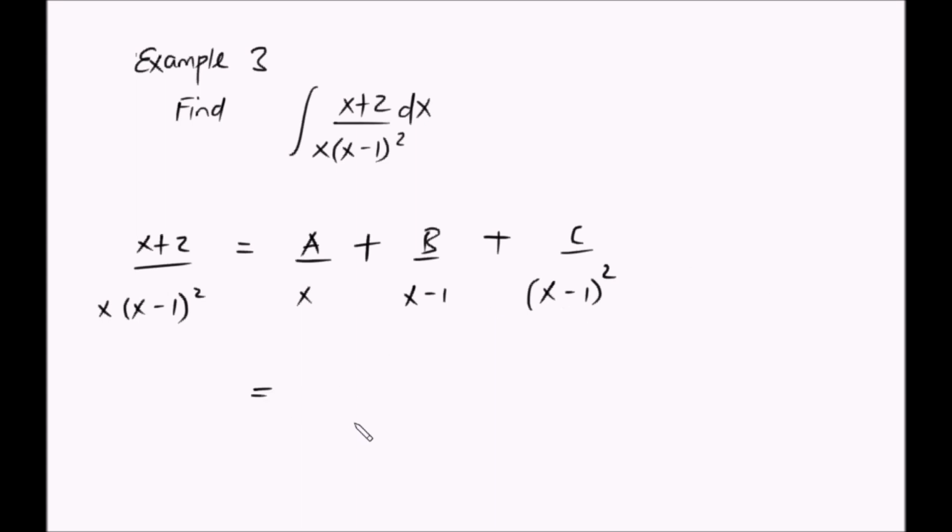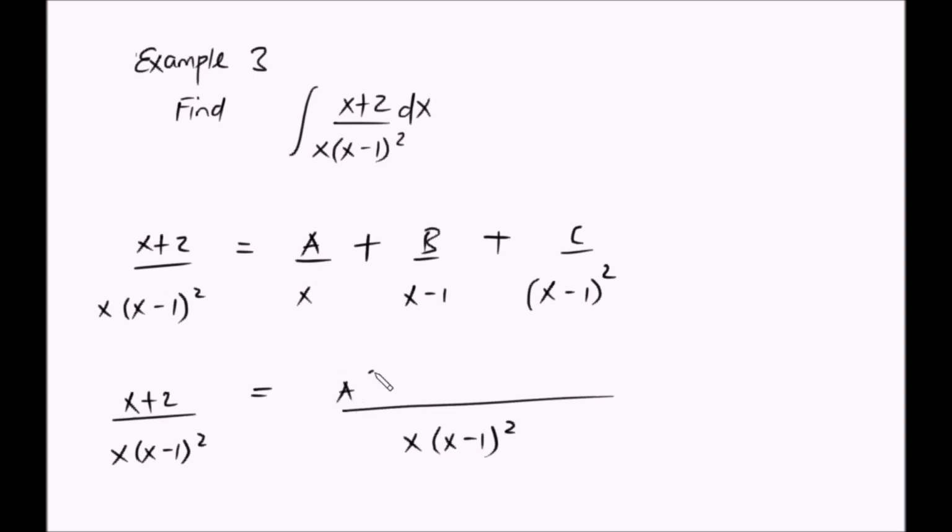On this side it will be x minus 1 squared as the LCM, similar to here. Here I remain with a times x minus 1 squared, plus here I remain with b times x times x minus 1, plus cx. Now we compare the numerators to get the values of a, b, and c, and get the partial fractions.